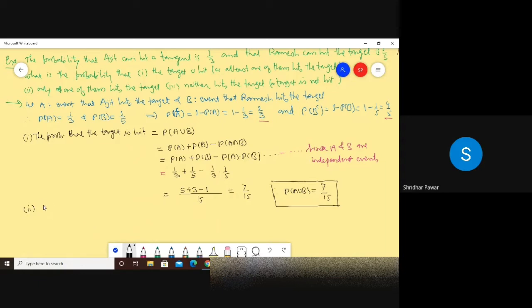Okay, so the probability that only one of them hits the target is equal to P of A hits the target and B does not, means B complement, plus, right?